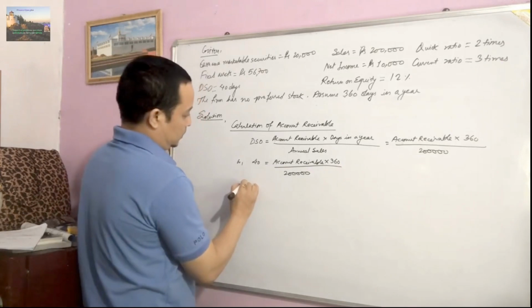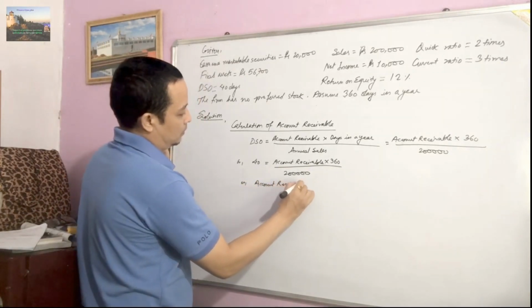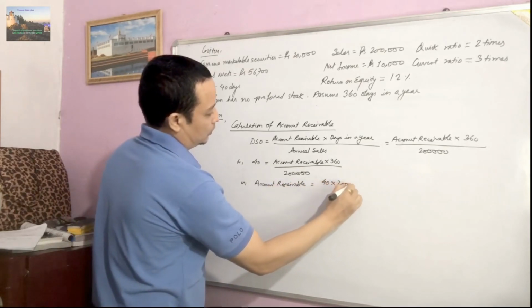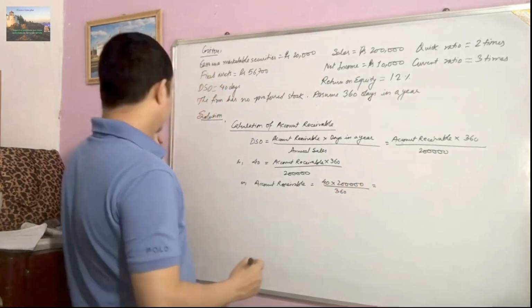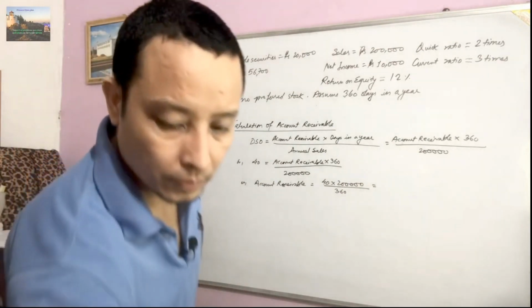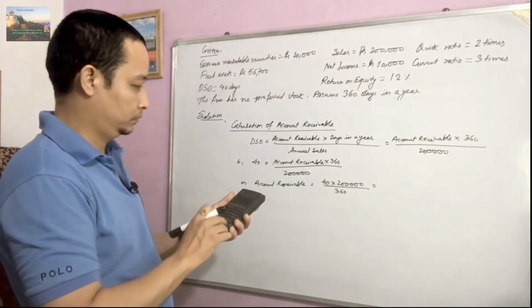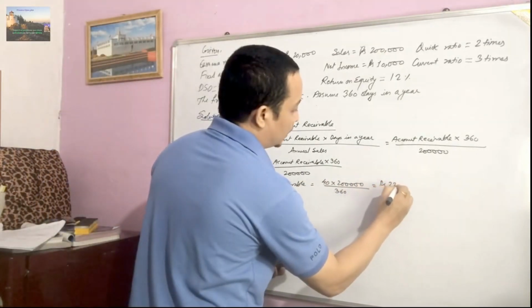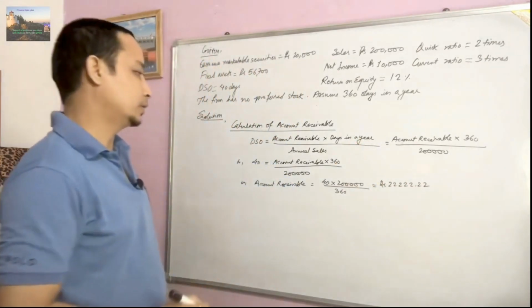Or here account receivable equal to 40 into 2 lakh divided by 360 equals to rupees 22,222.22. So this is your account receivable.